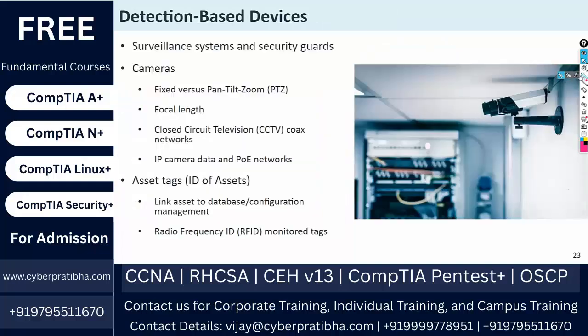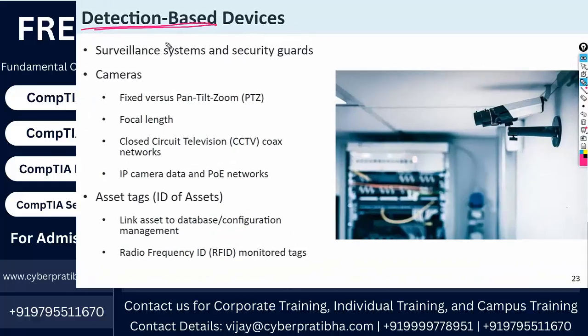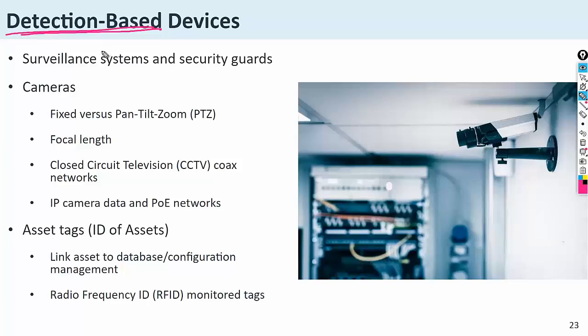Okay, and another is detection-based devices, meaning detecting the person who is coming inside the organization, inside a specific room, the server room, or the network rack room, and doing surveillance.